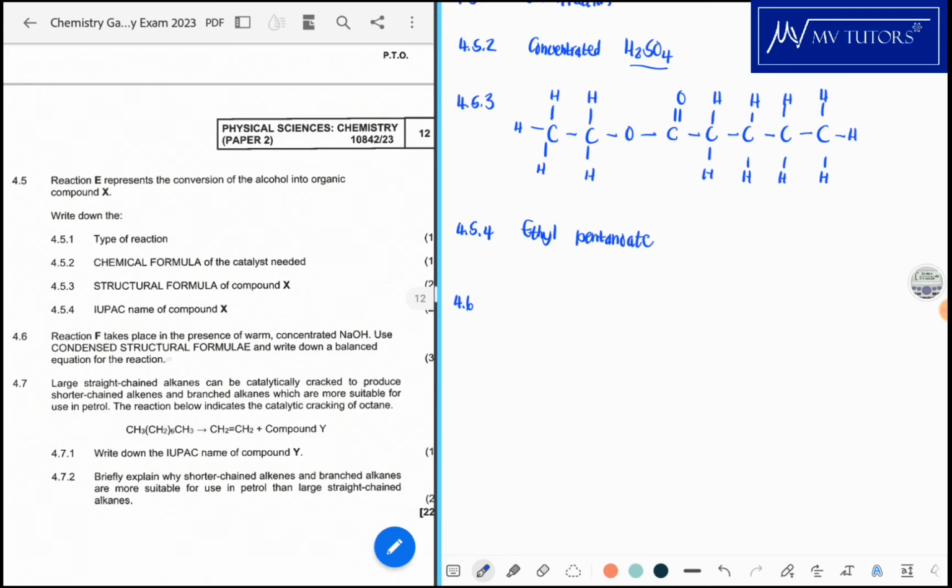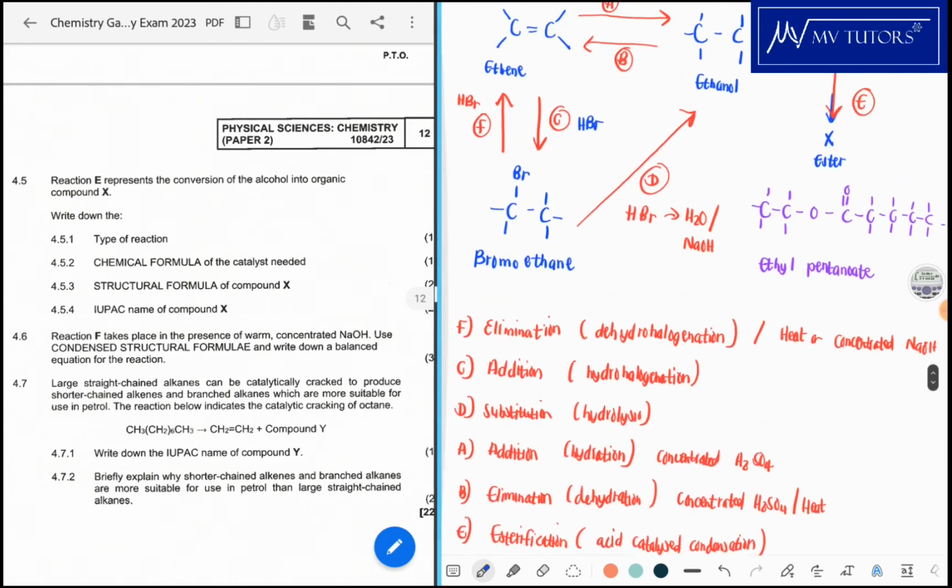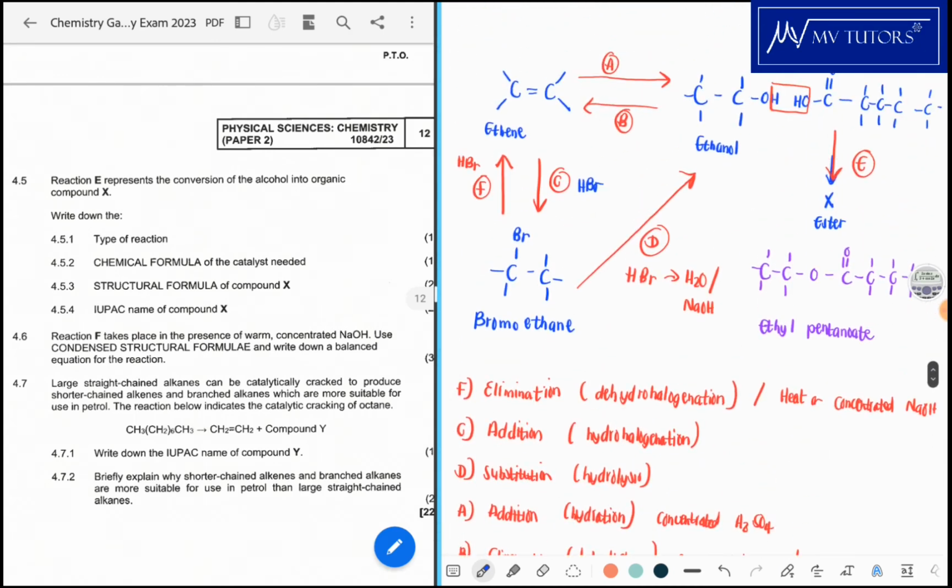Now use condensed structural formulae and write down a balanced equation for the reaction. Remember, F is when we go from bromoethane all the way to ethene, and we said it's an elimination reaction, or dehydrohalogenation if you may. And we said there we needed heat or concentrated sodium hydroxide. Okay, and there they told us about concentrated sodium hydroxide. Now we're going to have to use condensed structural formulae to write down a balanced equation.